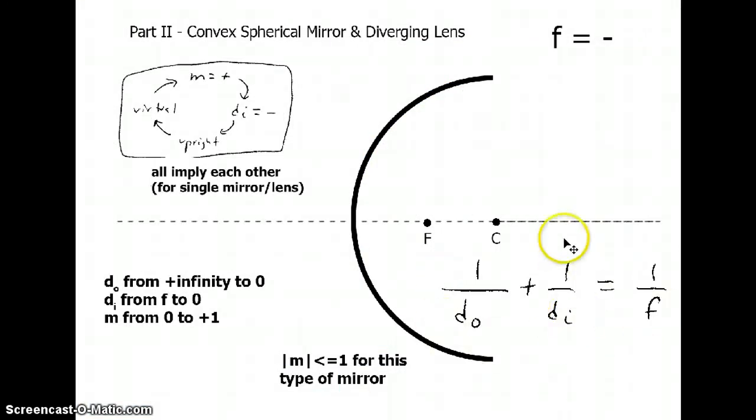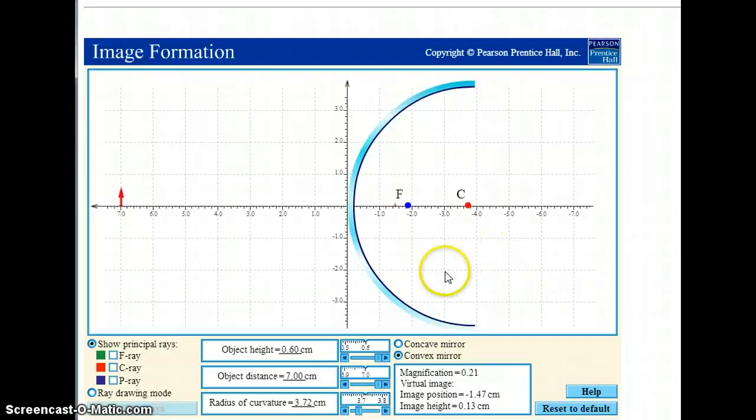You have your 1 over do plus 1 over di equals 1 over f. So pretty much if you can remember that your focal length is negative and your di is always going to come out negative, and your do is always positive, that's generally true in this particular type. I should clarify, in this particular type of mirror, f is always negative and the di is therefore negative.